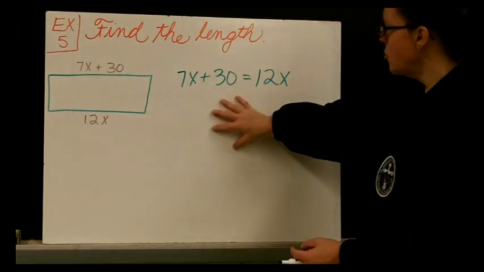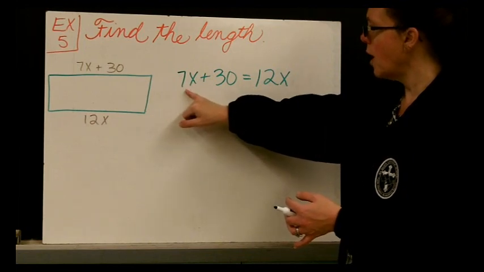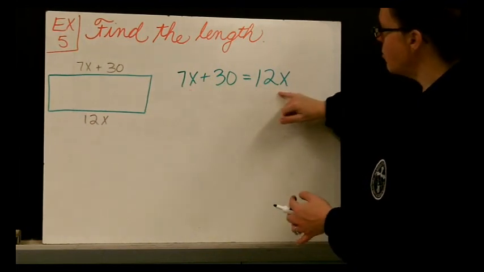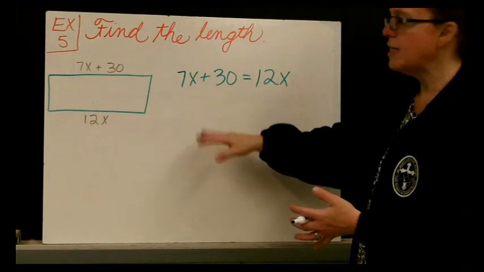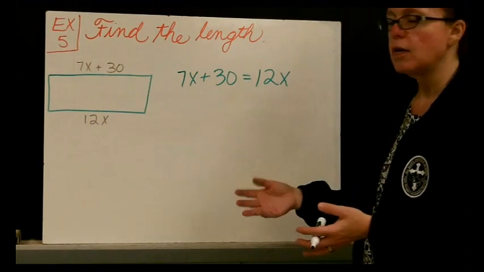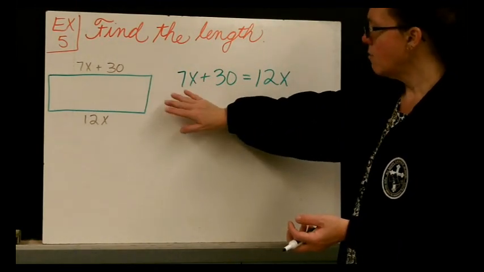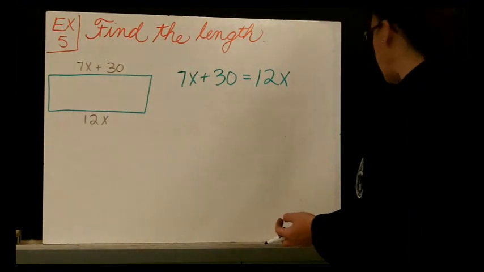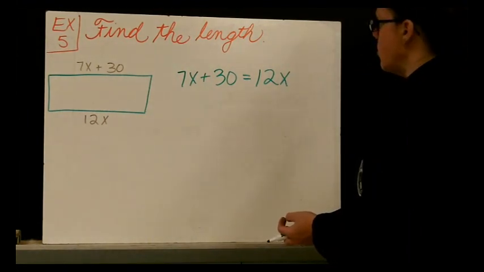And what we're going to do is take our variable term, since we have only a variable term here on the right, no constant. There's no point in taking this constant and moving it. So we're going to eliminate that step and get rid of this positive 7x so that all our x's are on the right side. And I'm going to do that.